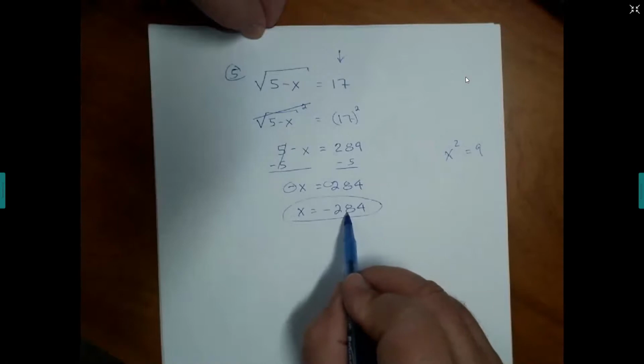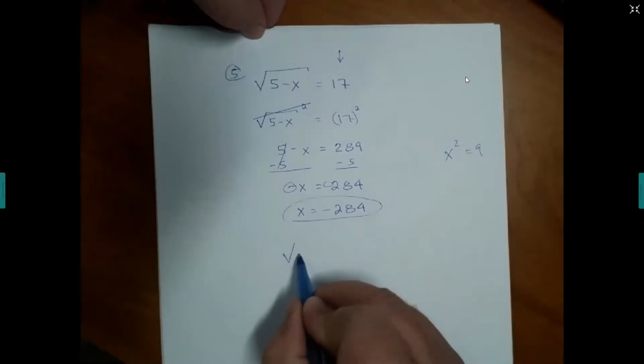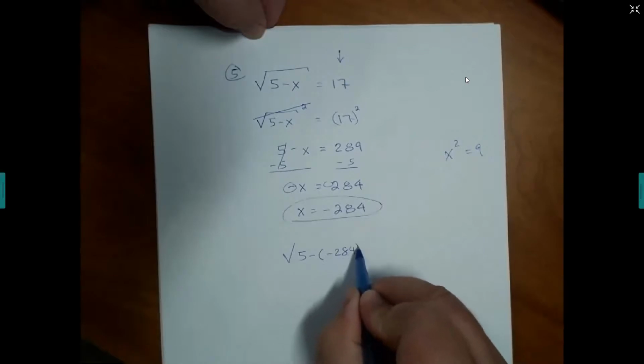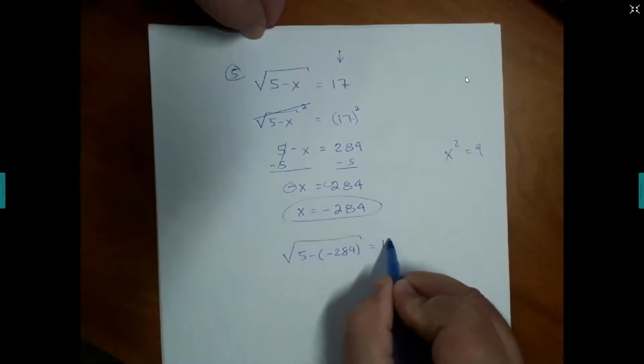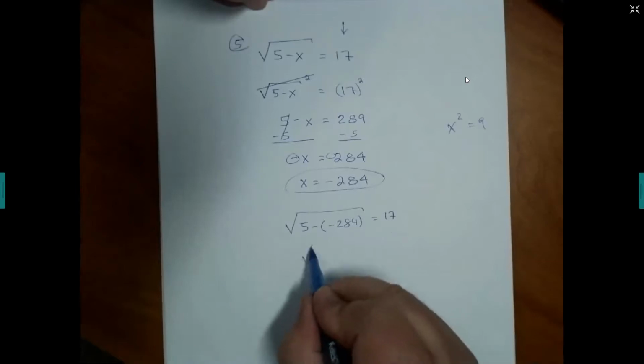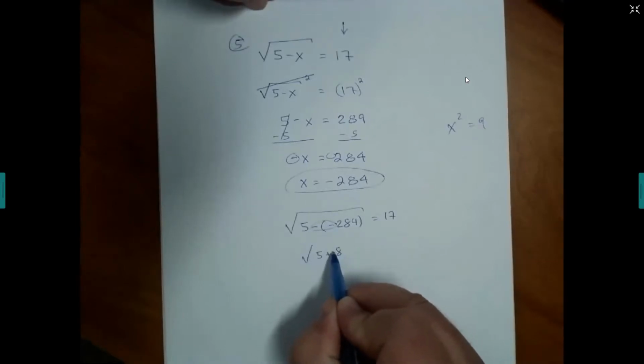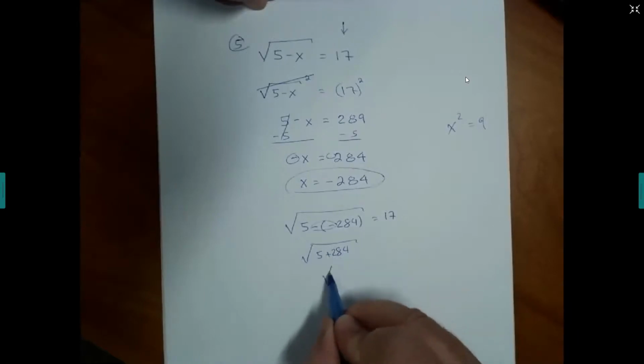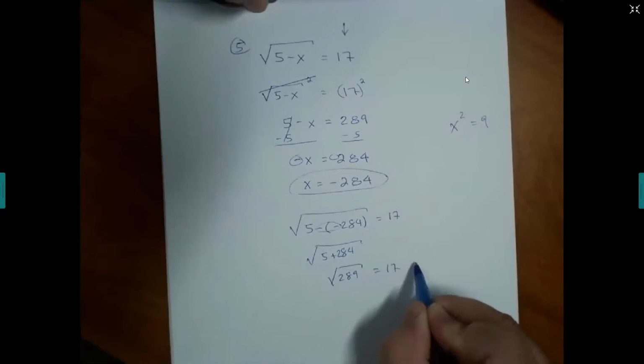Now, if we plug that in there, we have 5 minus a negative 284. Negative and negative becomes a positive. Square root of 289 equals 17. Check.